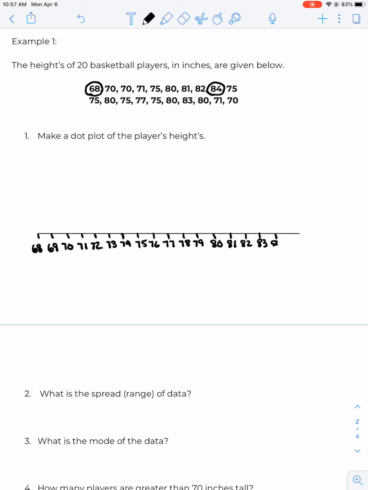Notice I didn't use all of the number line, which is okay. Next, I'm going to label my number line. And now I can do my dot plot.